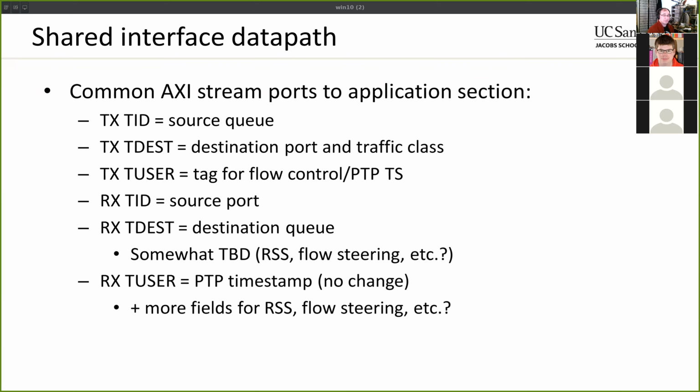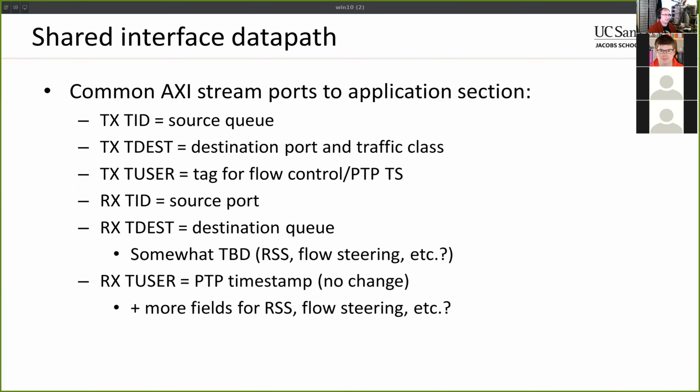So the way it's going to work in the transmit direction is the TID will carry the source queue ID. So you'll know, from the standpoint of the application logic, what queue that packet came from. Then the TDEST field will carry the destination port and traffic class. Probably the traffic class will be the lower 3 or 4 bits, something like that, and the destination port will be everything above that.